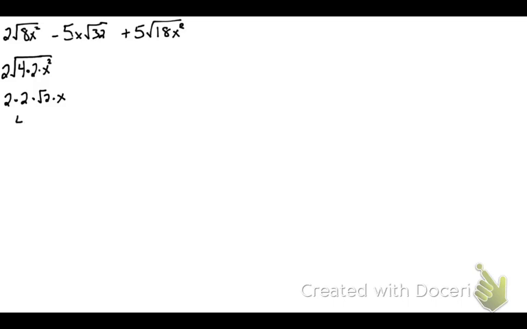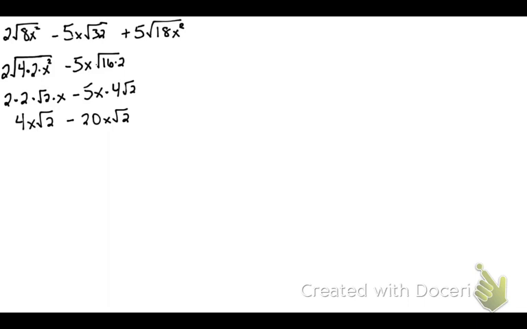All together we get 4x root 2, getting it in the proper order. The second term, well, 32 is 16 times 2, which means this is negative 5x times 4 times the square root of 2, or altogether negative 20x times the square root of 2.